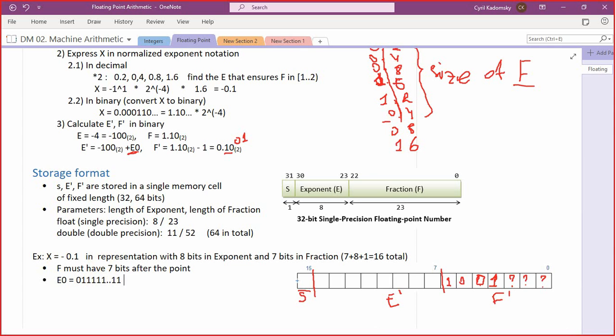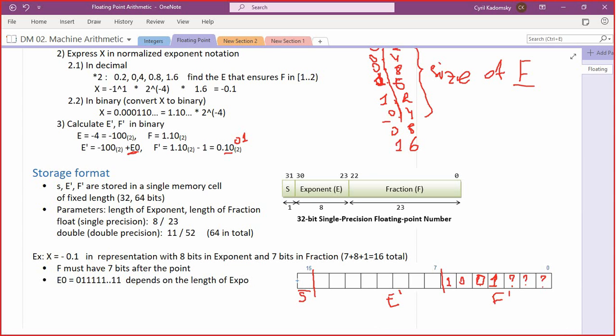E0 has the first bit 0 and all the rest of the bits equal to 1, and of course it depends on the length of the exponent.